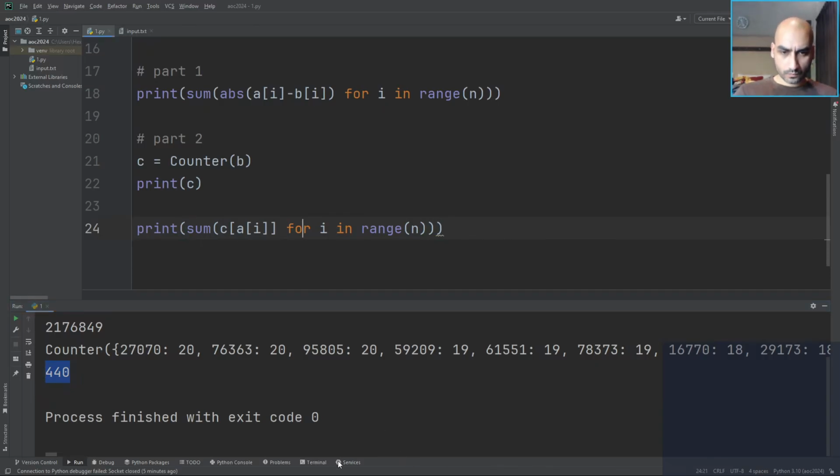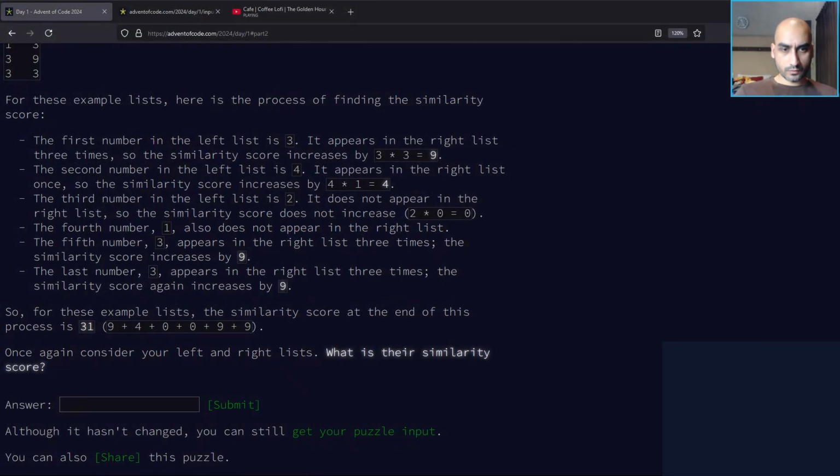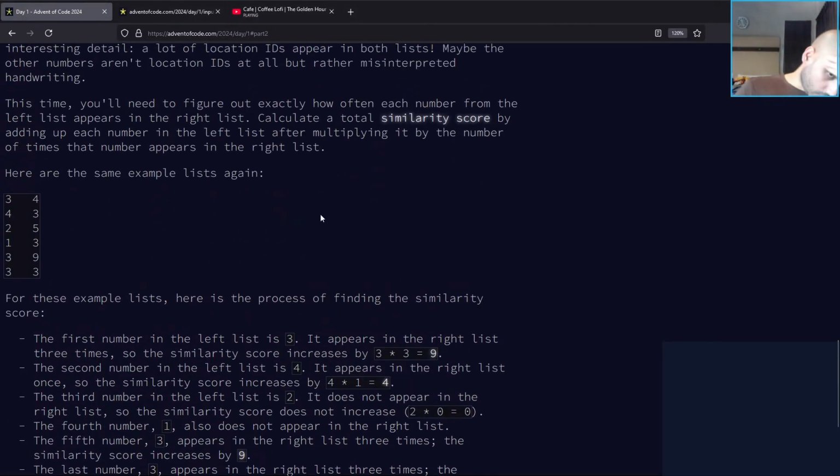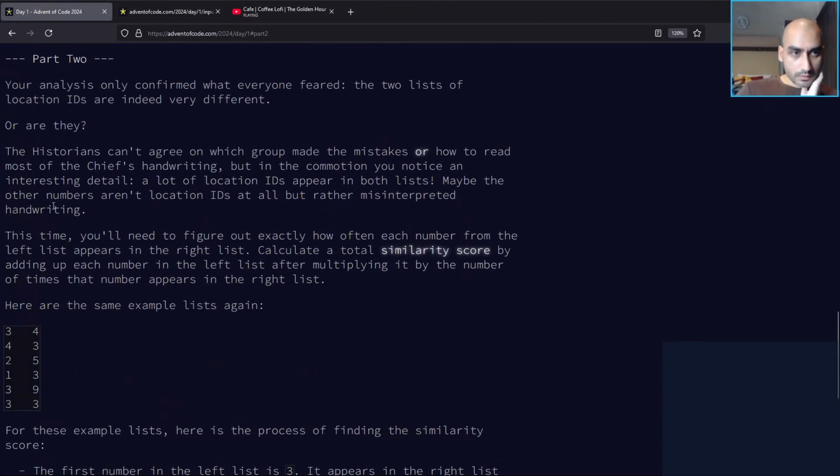No. That's not what we do. Let's take a look at this again. Similarity score. Multiply. So you take the number and multiply it by its frequency. So 0 means it won't contribute. Okay.